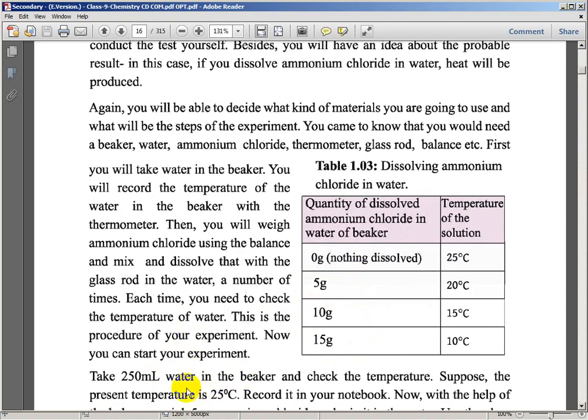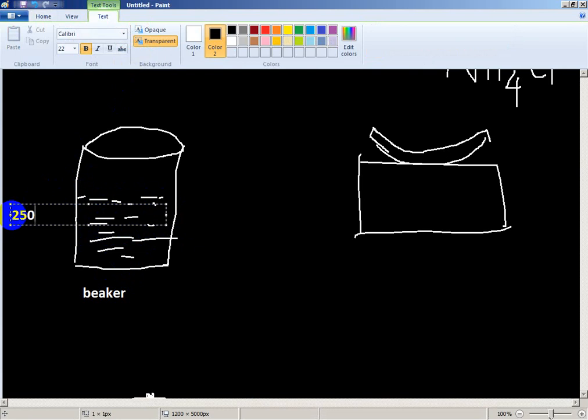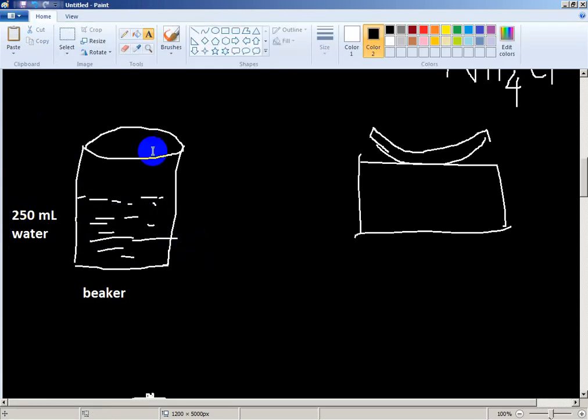This procedure was done at 25 degrees temperature. When nothing is dissolved, you add 250 milliliter of water, H2O, here. At first you add nothing and take the temperature reading using the thermometer.